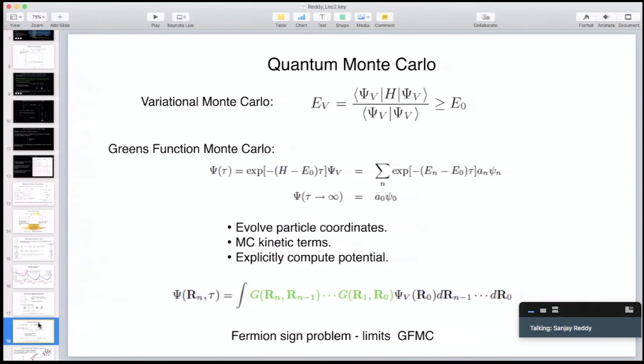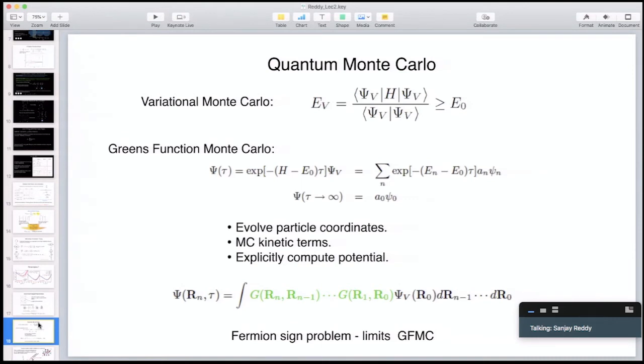You can think of the general wave function as a superposition of all states of the n particle system. It can contain the ground state, the excited states, and so on.